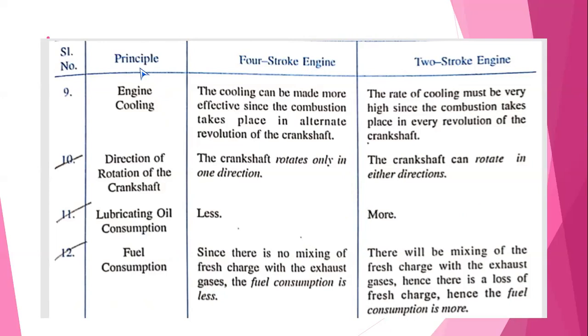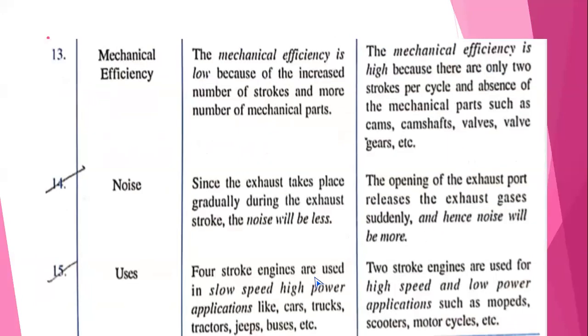For that reason, fuel consumption is very, very important for selection of a vehicle, whether it is four-stroke or two-stroke. The fuel consumption of a four-stroke engine is less. The fuel consumption of a two-stroke engine is very, very high.